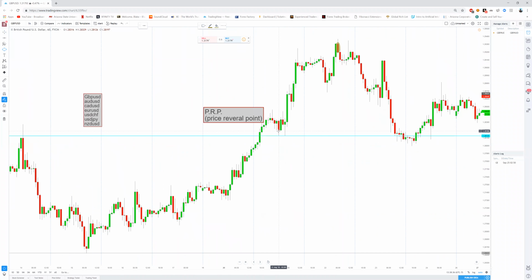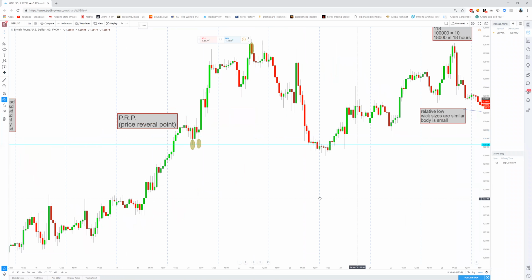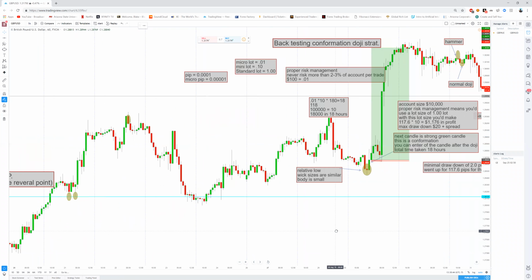I'll go ahead and highlight those as well. And it looks like it went into the zone here as well. It went down and then came back up. I'll make the arrow to show that. So let's go over a couple more basics and then we can go on to another advanced topic after that.